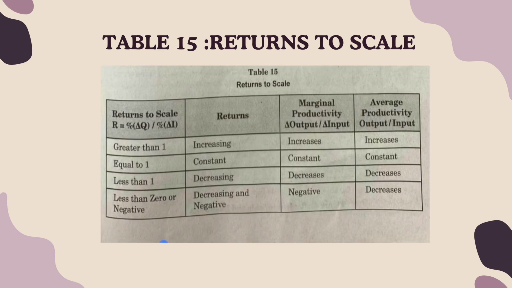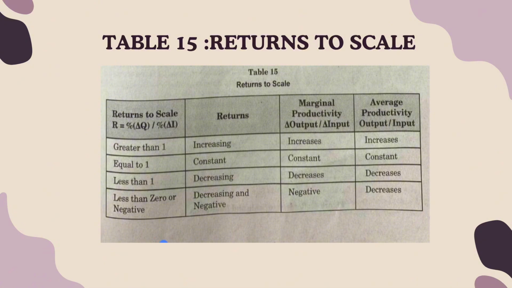Table 15, returns to scale. Table 15 summarizes the different stages of plant expansion in relation to overall resource efficiency. The first stage has increasing returns to scale with R greater than 1. Output increases faster than resource inputs as the latter becomes more and more efficient. The second stage has constant returns to scale with R equal to 1.